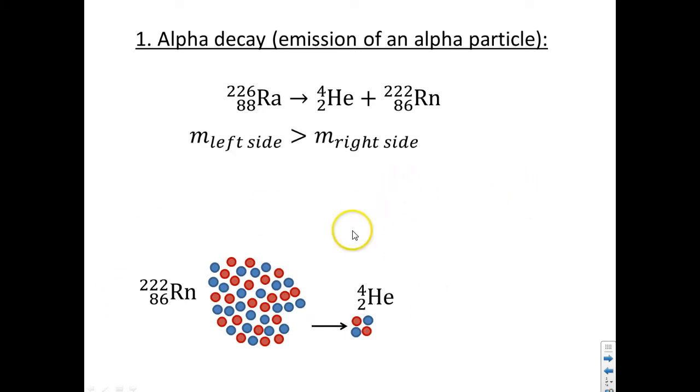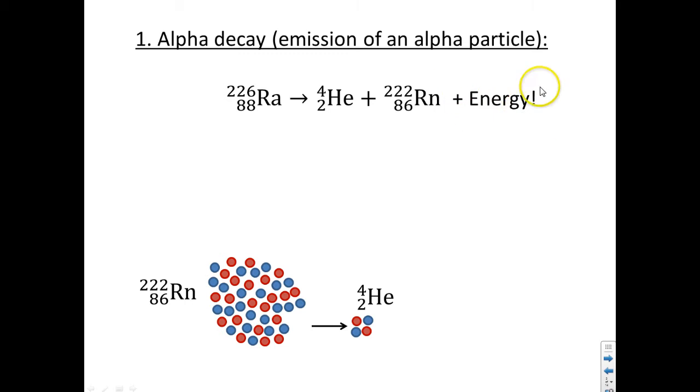Now, if we compare masses, the mass of this radium is actually bigger than the mass of helium plus this radon. And because mass and energy are equivalent, this means that the way we've written our equation here, we have more energy on the left than the right.